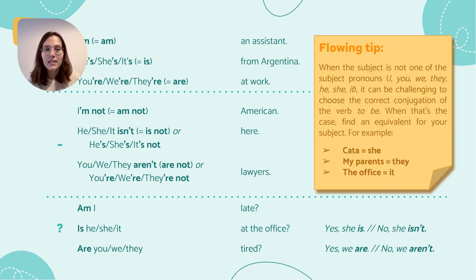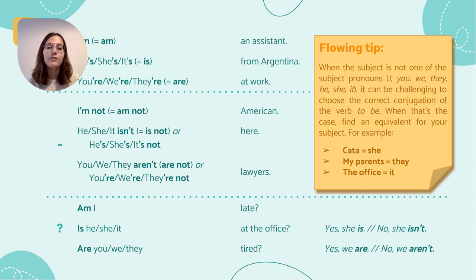Let me give you a flowing tip. Because sometimes the subject is not one of the subject pronouns, that is not I, you, we, they, he, she, it. And so when that's the case, it can be challenging to choose the correct conjugation for the verb to be. Is it is? Is it are?